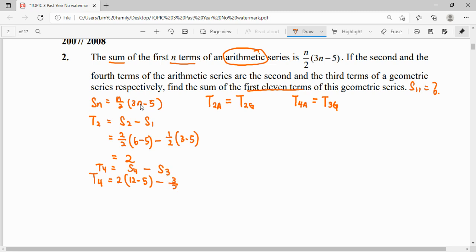So 3 over 2, where our n here is 3, so 3 times 3 is 9. We simplify this and we will get 8. So we managed to get the second term and fourth term of our arithmetic series.